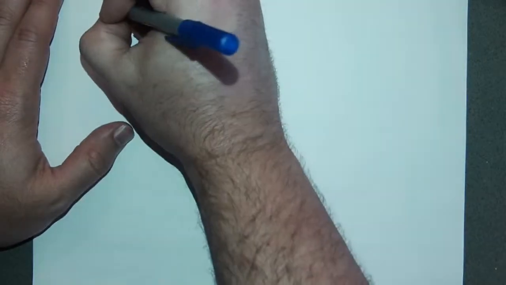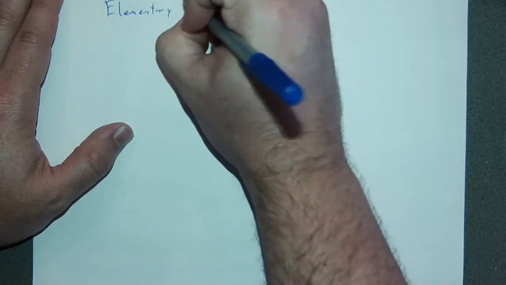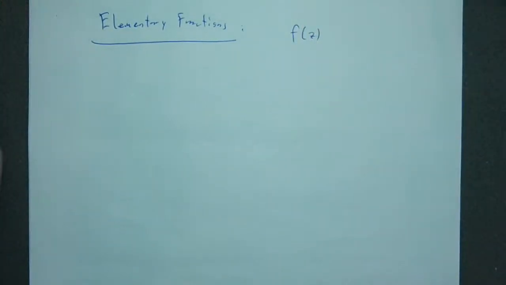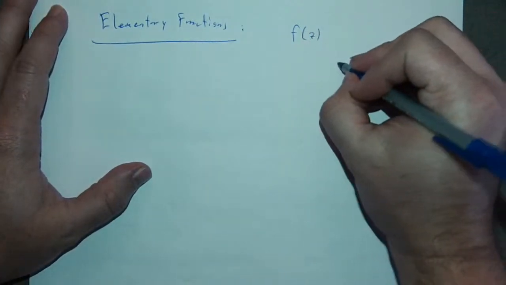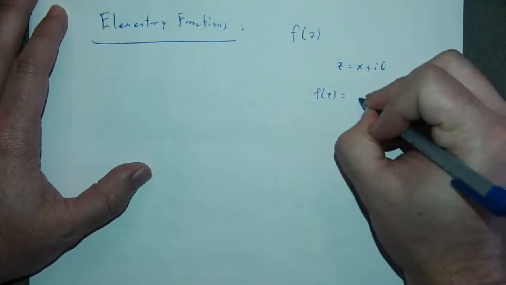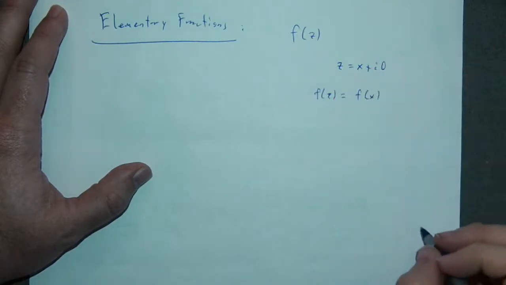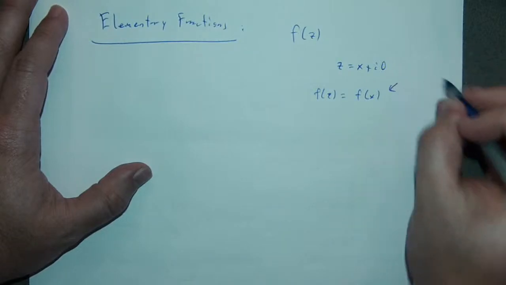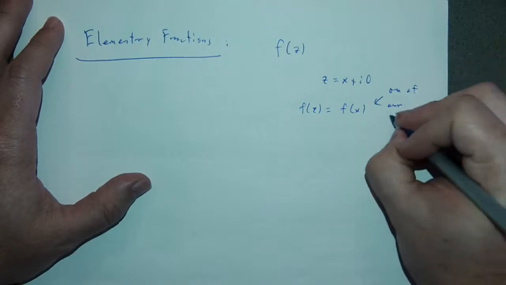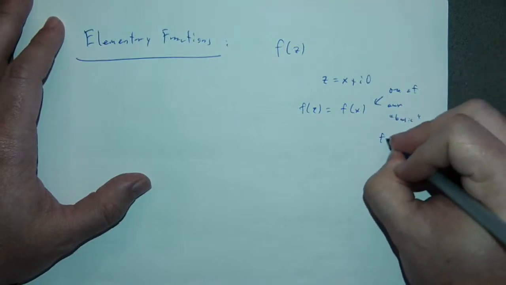Okay, so idea, we want to discuss what are called elementary functions. So what are these? These are functions f of z, where if we just restrict ourselves to, so if we let z be equal to x plus i 0, then f of z is equal to really just f of x. And we want this one to be one of our basic functions from calculus.